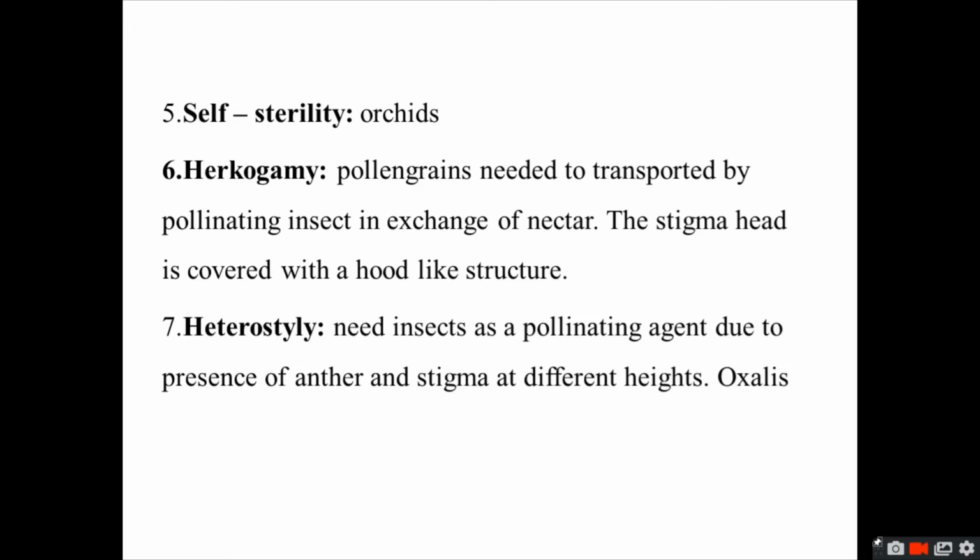In that case pollinating agents are required, and this type of heterostyly is seen in oxalis. So this is all from this chapter. In the next video I will discuss pollinating agents and fertilization, and with that I will cover this chapter.